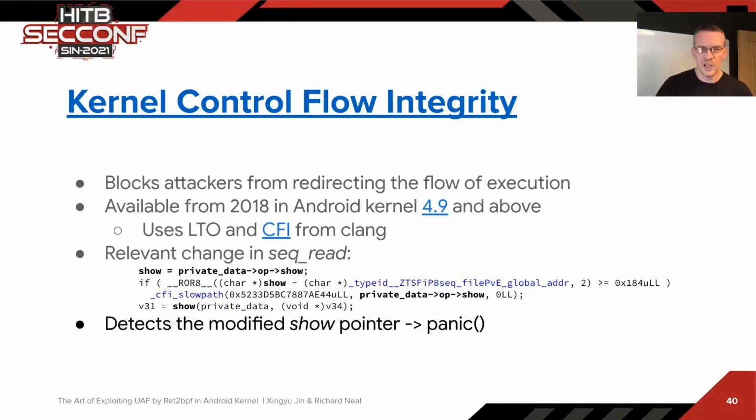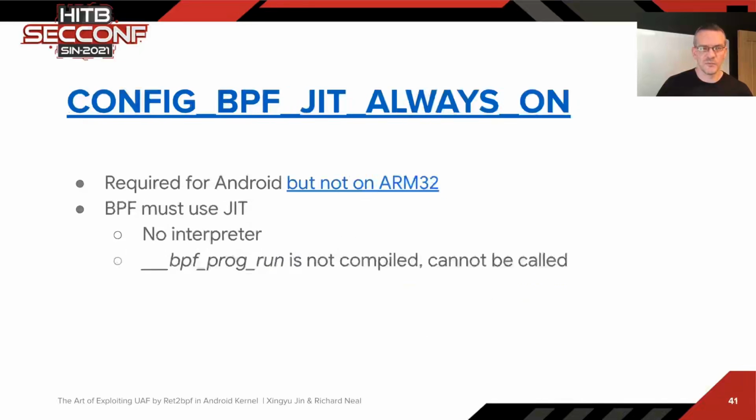This kernel configuration setting, which is now required for some architectures for Android, causes BPF to always use the just-in-time compiler. The BPF instruction interpreter itself is not compiled when this setting is enabled, so the code for it is not present in the kernel image. Since the code is not present, it cannot be called by an attacker.